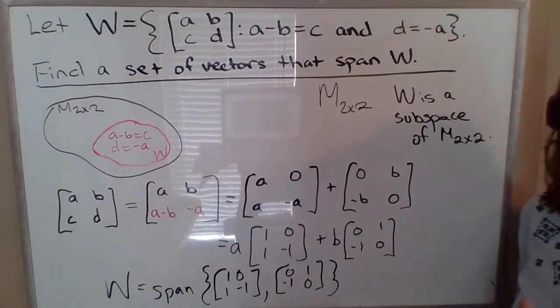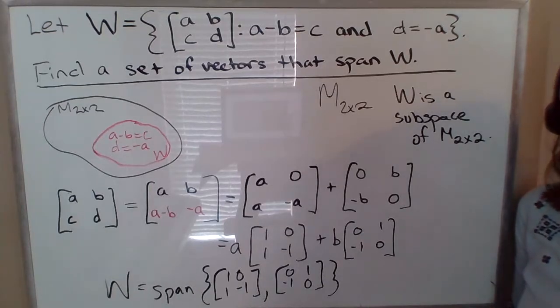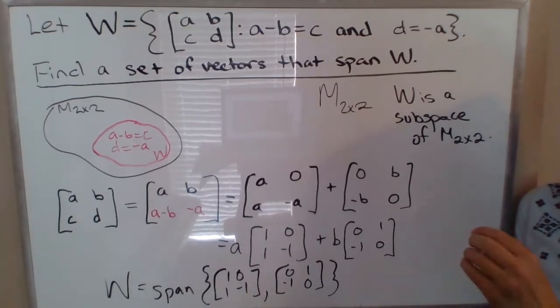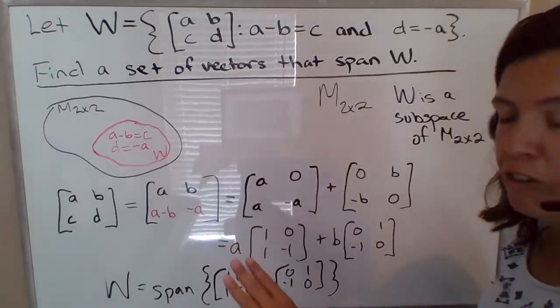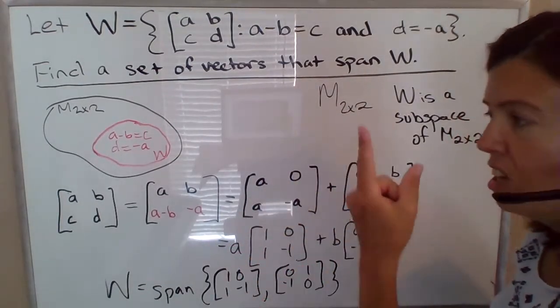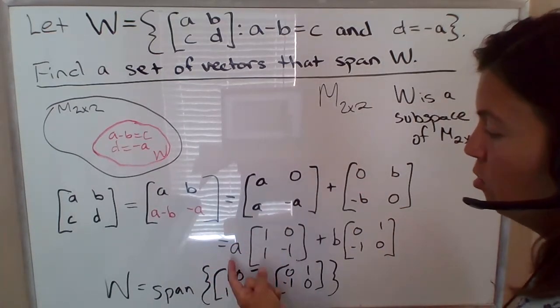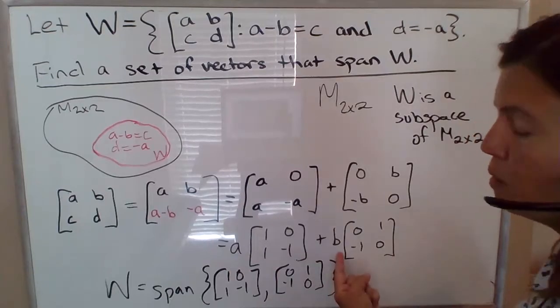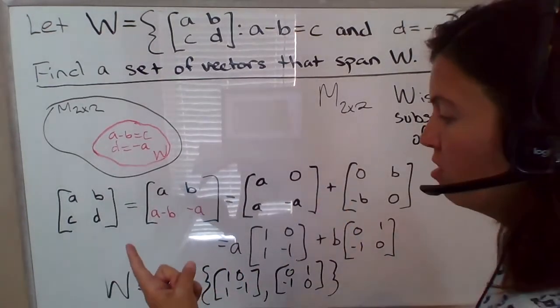The reason is coming straight from that theorem that I posted right above this, but we could talk through it. Span is the set of all linear combinations. If we know we're dealing with a subset of a vector space, then we're supposed to check three things. Does it contain the zero vector? Well, the span will always contain the zero vector because we could just let A equal 0 and B equal 0 in this case. Just make all of your weights 0, and that's going to give you the zero vector.